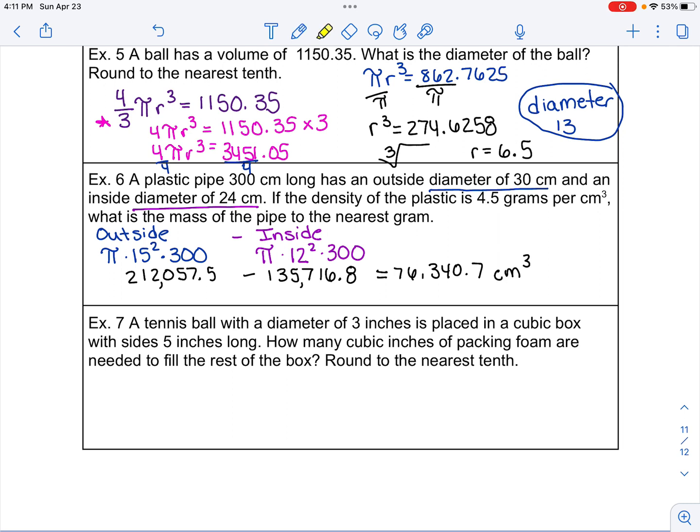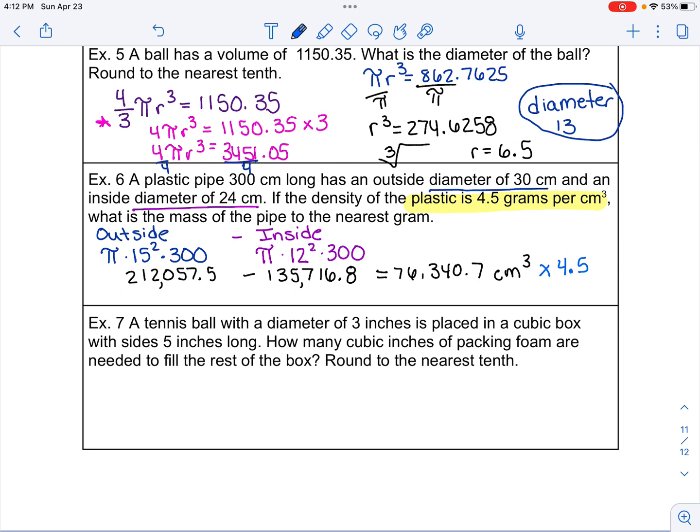So the last thing, once you figure out how much of the pipe is actually made up of plastic, plastic is 4.5 grams per centimeter cubed. So you're going to take your answer times 4.5.